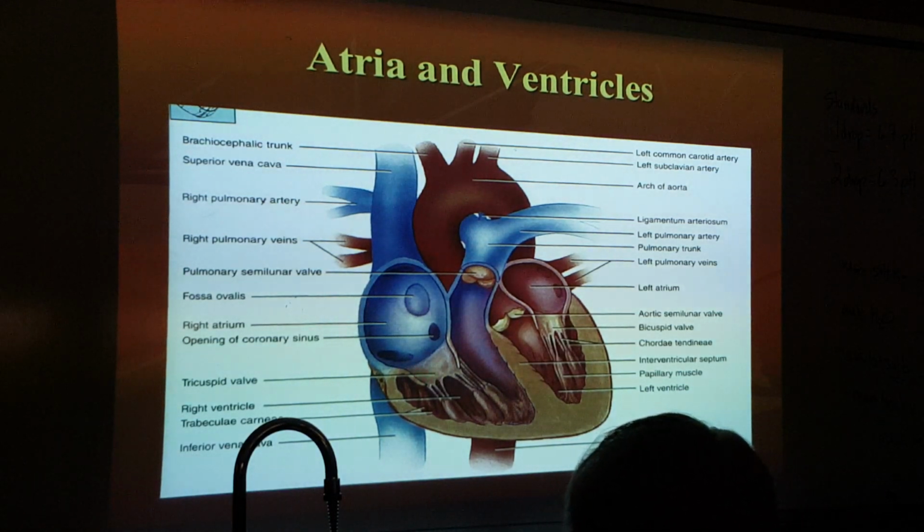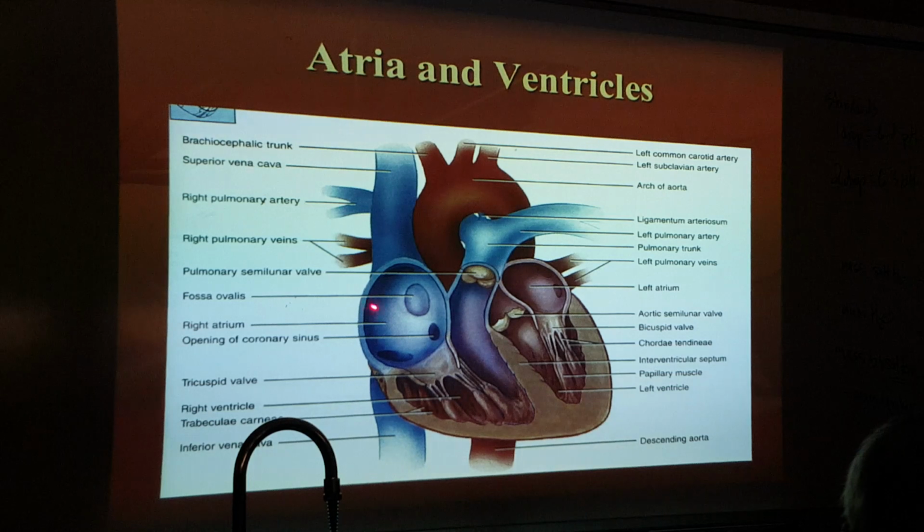We have 4 chambers in the heart. The chambers up above are receiving chambers, and they have rather thin walls. They are called atria, which is plural for atrium. Okay? The real pumps are the ventricles.